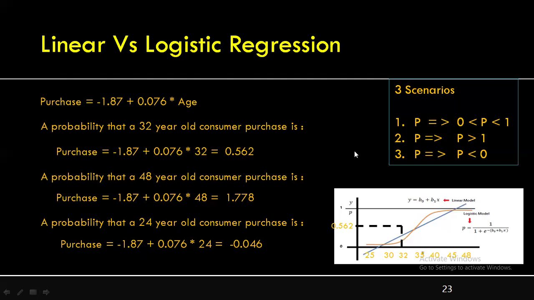This is fine. What if a customer's age is 48? If you multiply 48 with this value and subtract the intercept, you get 1.778.